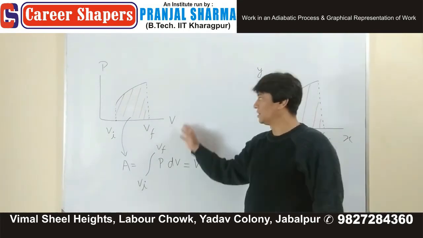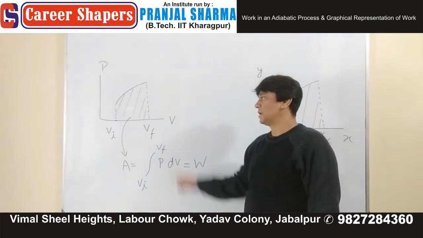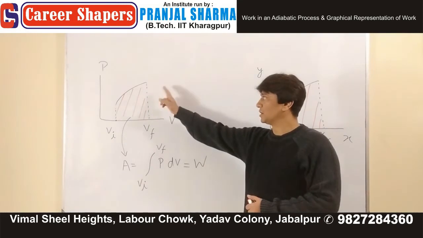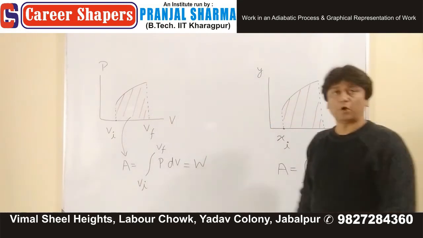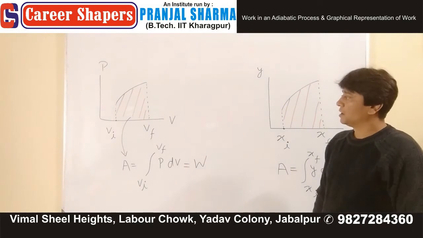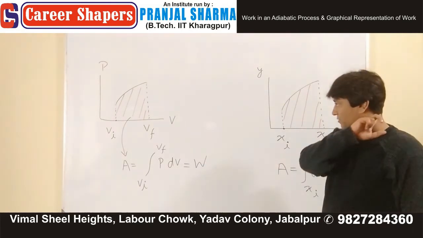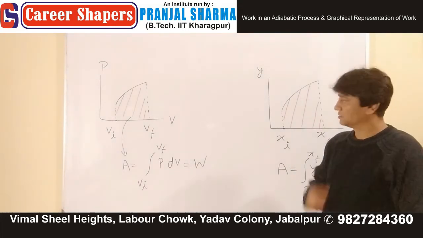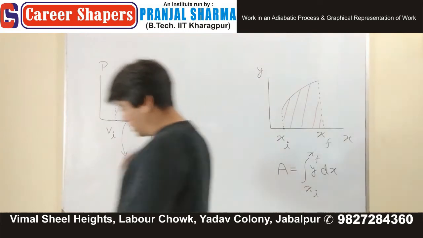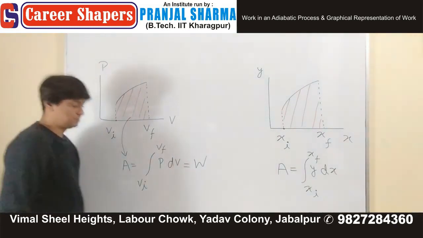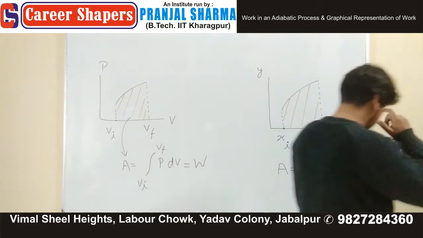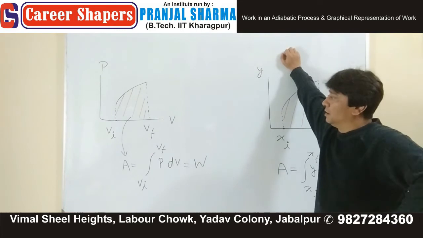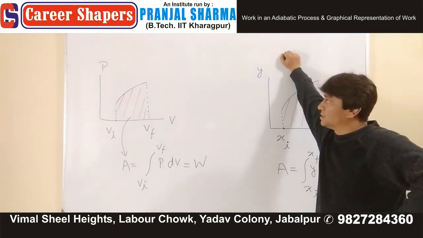Write down the statement. In a PV graph, pressure volume graph, the area between the graph and volume axis gives us work done by the system.